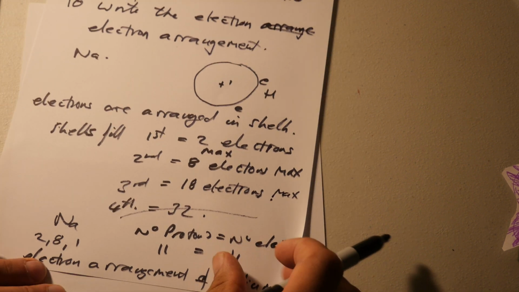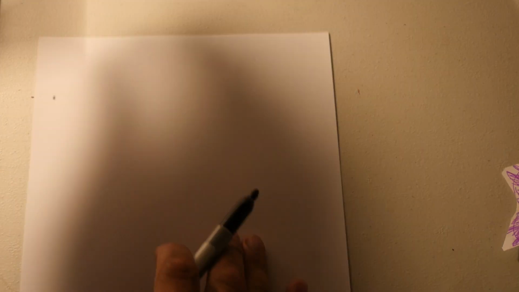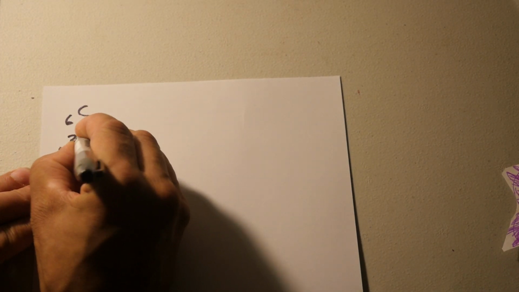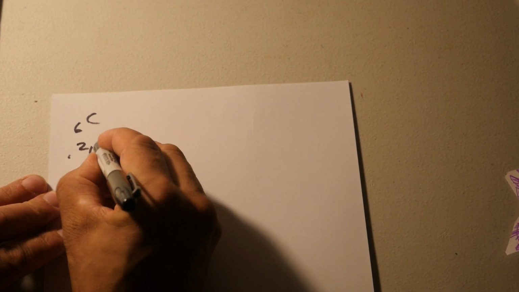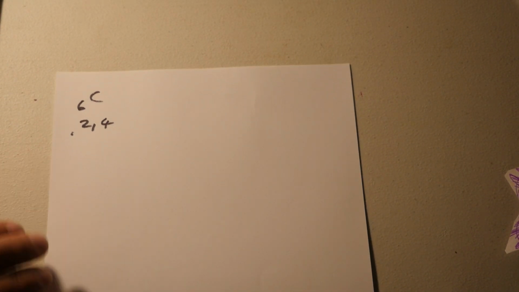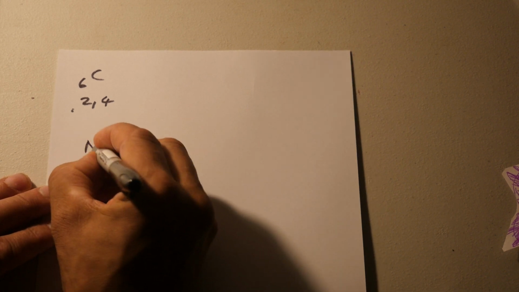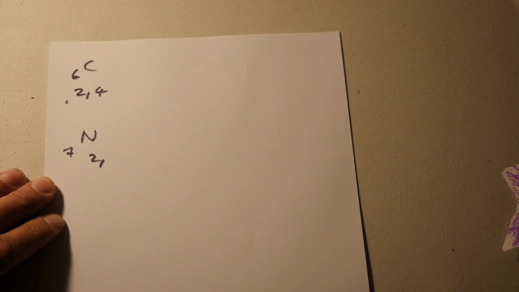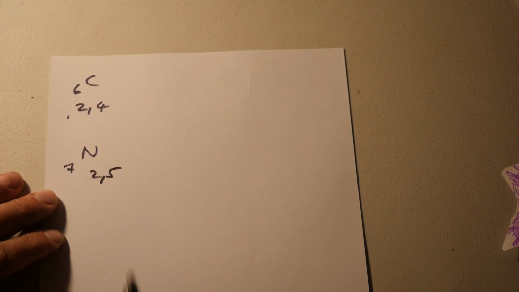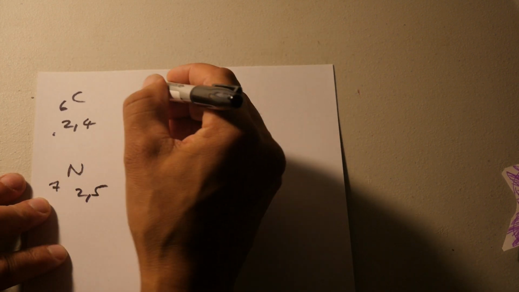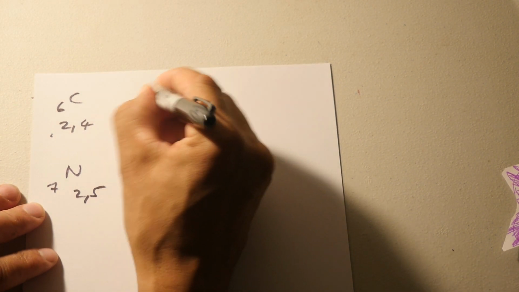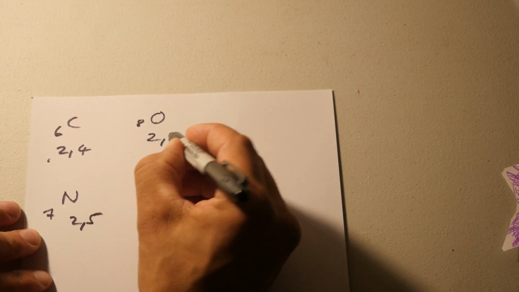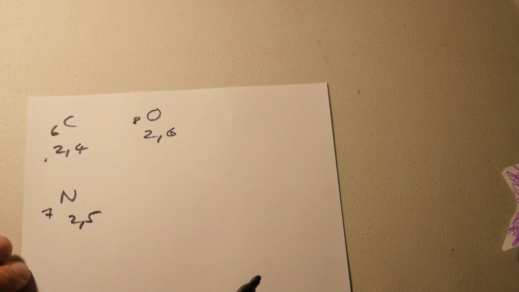Okay? I'll quickly do carbon. Carbon is 6, okay? So its first shell is 2, and the second shell is 4. Nitrogen has 7. So the first shell is 2, and the second shell is 5. Oxygen has 8, okay? So the first shell is 2, second shell is 6, okay?